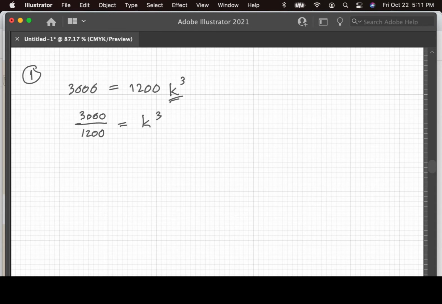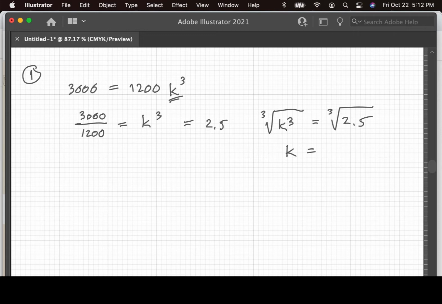So 3,000 divided by 1,200 is 2.5. So we could take the cube root of both sides. The cube root of k cubed is equal to the cube root of 2.5. On the left-hand side, we'll just get k. And on the right-hand side, we have to figure out the cube root of 2.5.